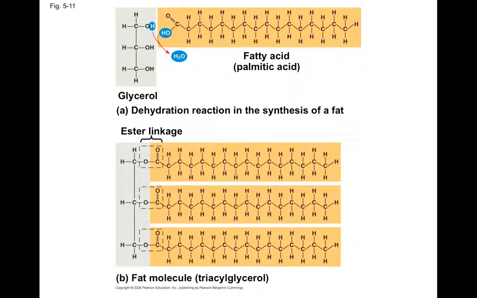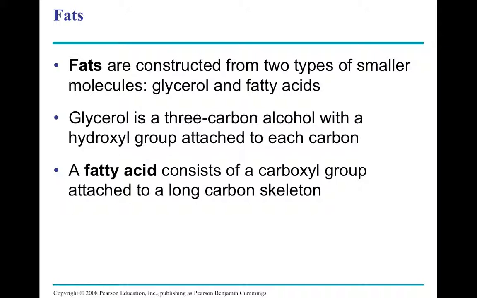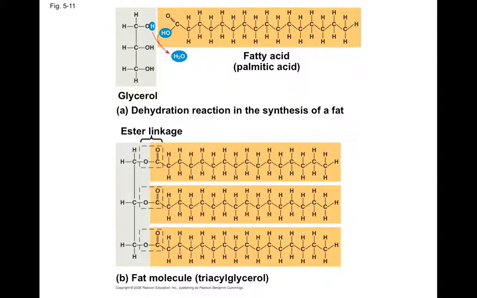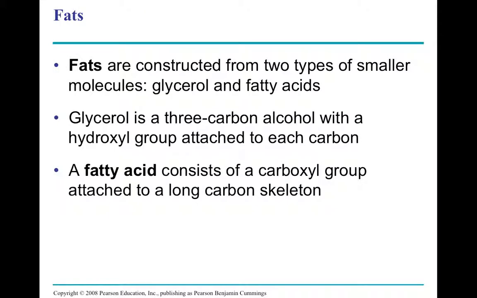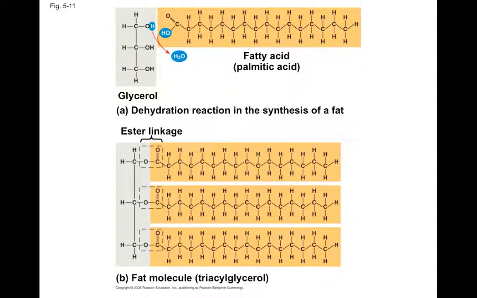Okay, so here we have a glycerol, the 3-carbon alcohol with the hydroxyl group. Here are the 3 carbons in the glycerol in the gray, and then it's attached to a hydroxyl group, that's the OH there.